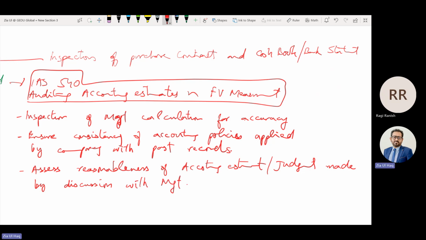They are depreciating an asset over 10 years. We'll ask them how they can use this asset for 10 years. For 20 years, how can you use this asset for 20 years? To see whether the things they are explaining are reasonable or not. They are depreciating motor vehicles over 10 years. How can you use this motor vehicle for 10 years, because normally motor vehicles become scrap after 3 to 5 years?